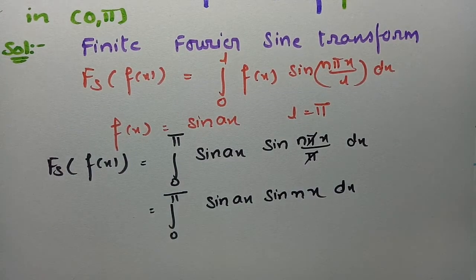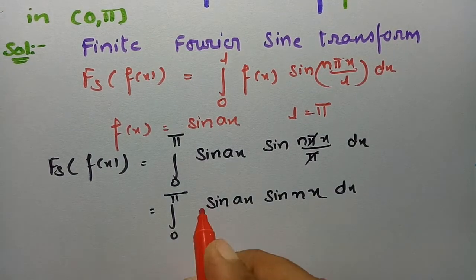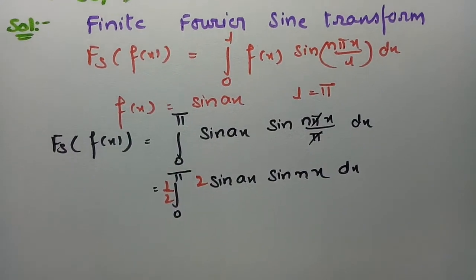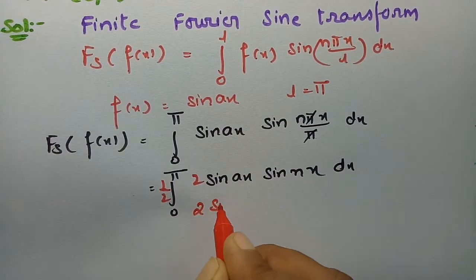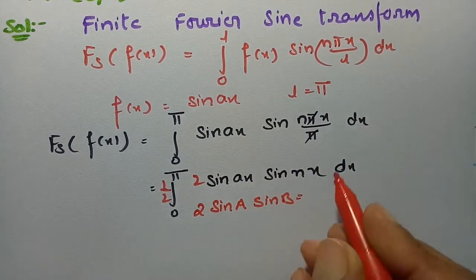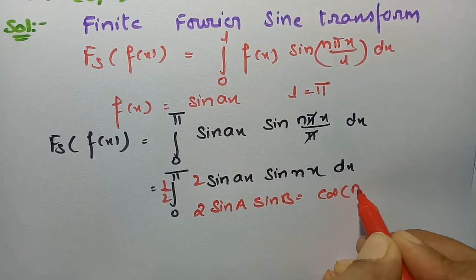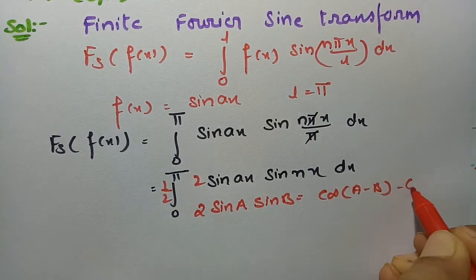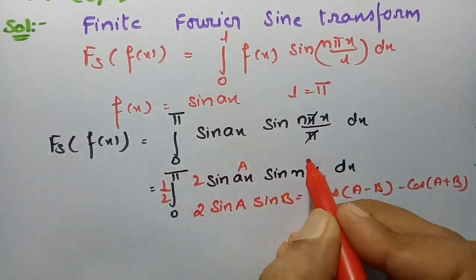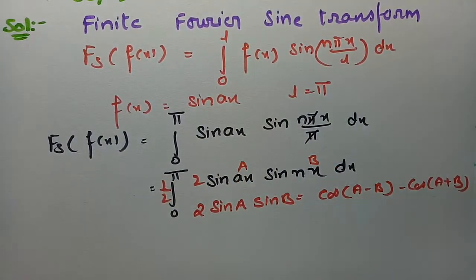Now what we have to do, we have to multiply and divide with 2 for my convenience. So we have a formula ready here: 2 sine a into sine b. What is the formula for that? That is cos of a minus b minus cos of a plus b. So here this is a value and this is b value.